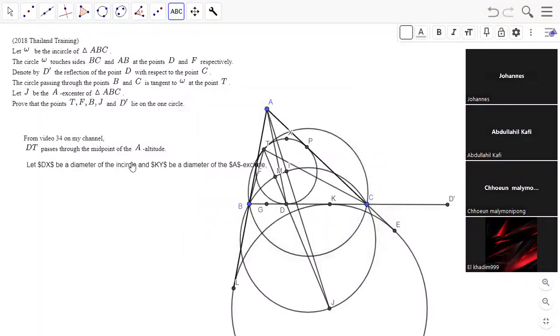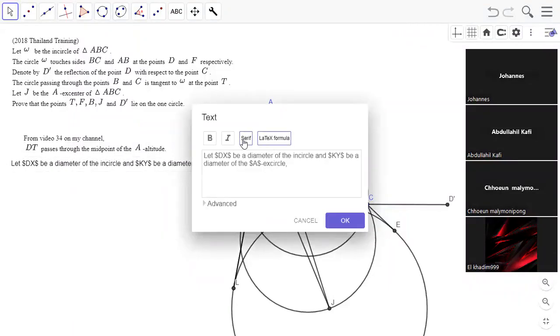Then basically a homothety at A takes XD to KY.